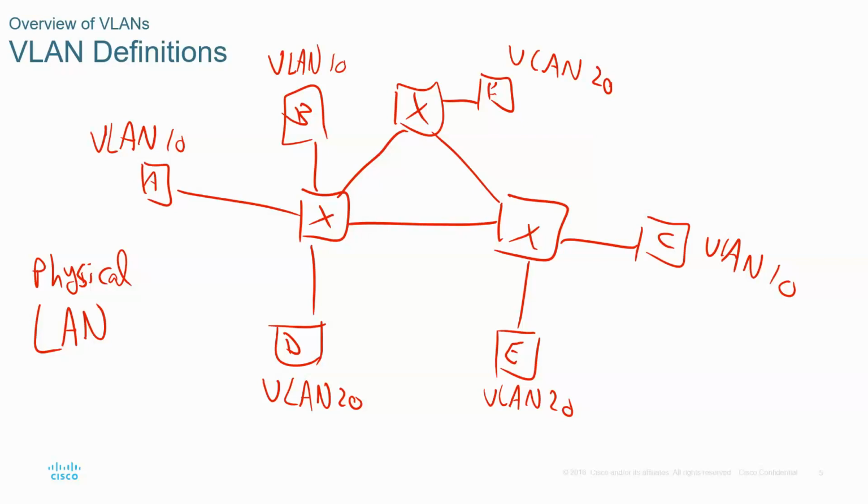Basically, they thought, in a network like this one, who needs to recognize the VLAN IDs? Okay? Who needs to recognize that this device is a member of this VLAN and this device is a member of a different VLAN? Do the end devices, basically A, B, C, D, E, and F, do they need to be aware of what VLAN they are on?